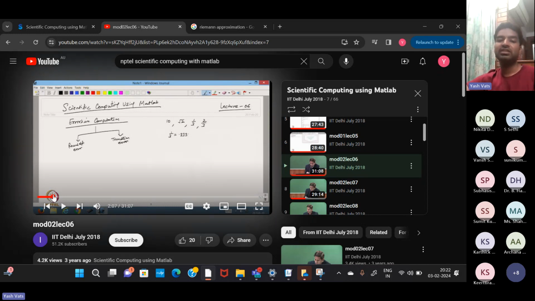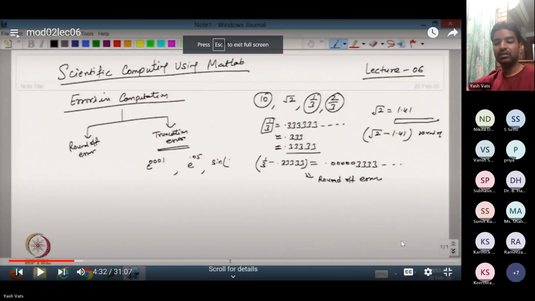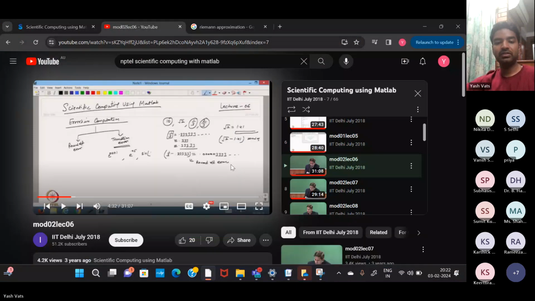What is the difference? What is round off error, that I've already discussed with you. Let us see truncation error, maybe what he wants to discuss here. Okay, so here you can clearly see that he's trying to approximate 1/3 up to 5 decimal places and just take the difference, maybe absolute difference, and you just try to calculate this value.